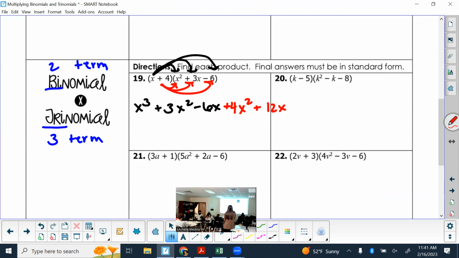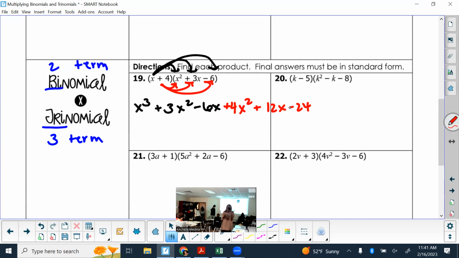Table 4, 4 times -6. -24, good. Feel free to use a calculator, there's nothing wrong with doing that. But yeah, so we get this really long thing.